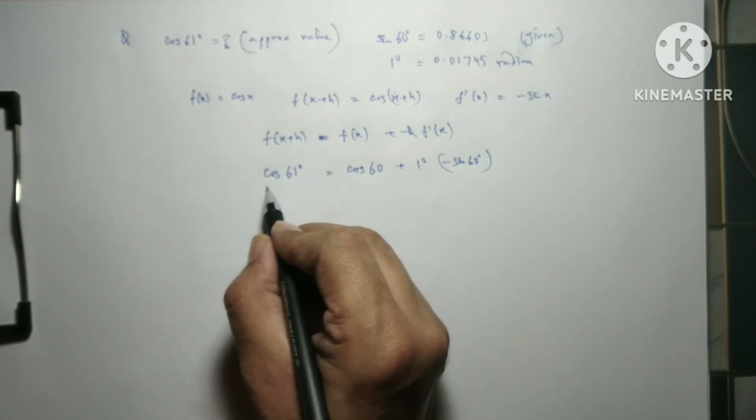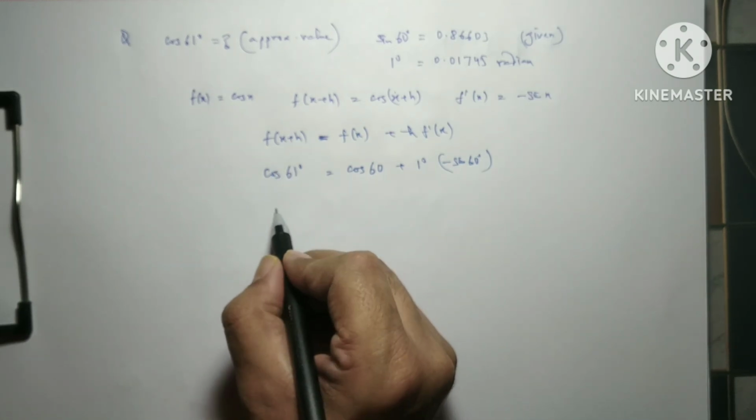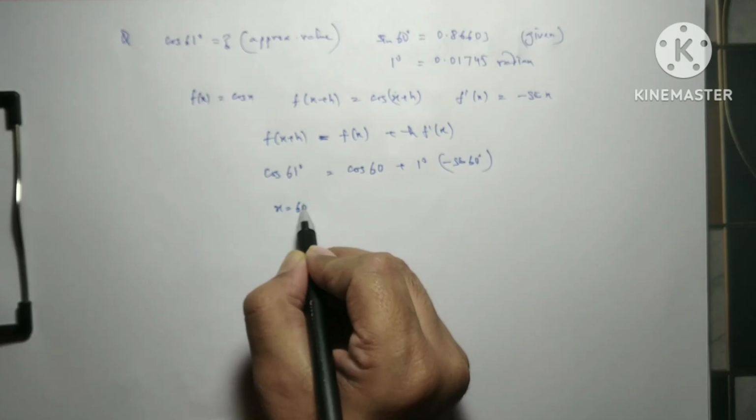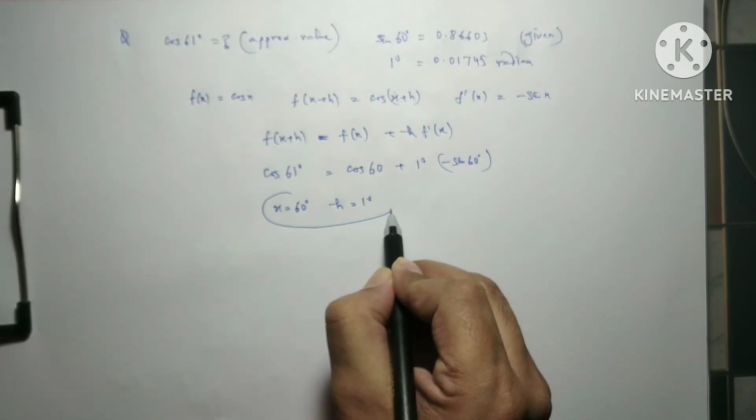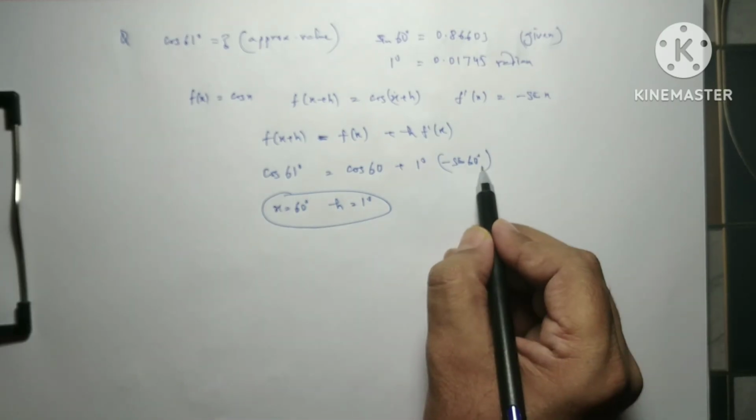So we want to collect this value of cos, so x is 60 degree and h is 1 degree. So we put these values in this expression.